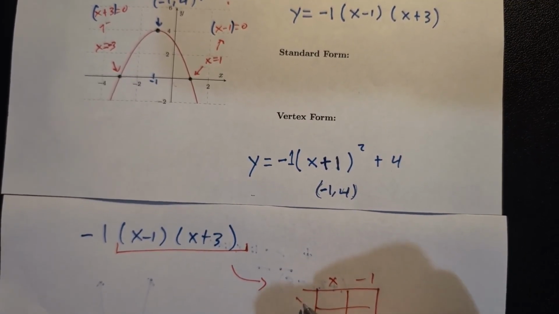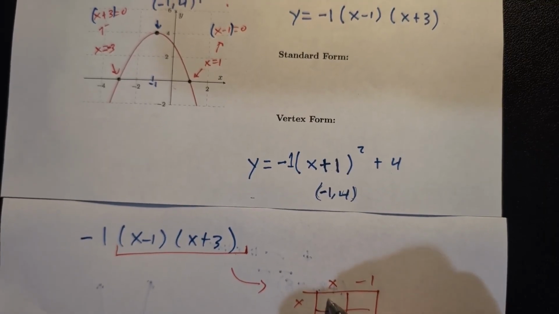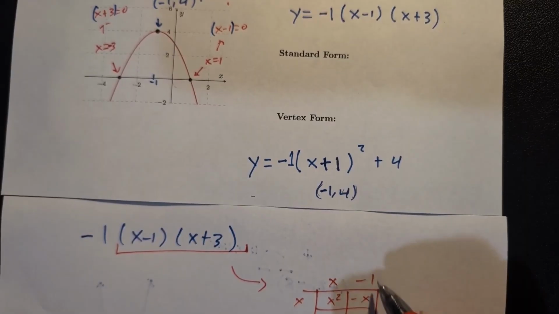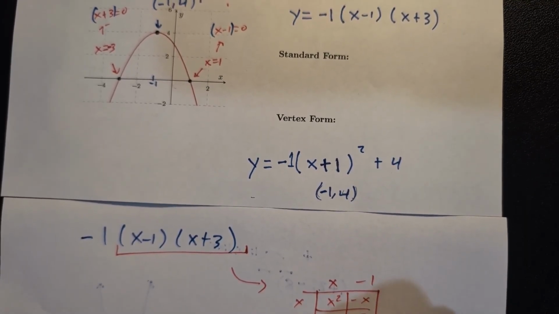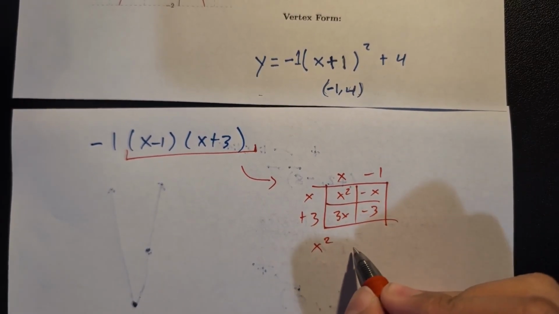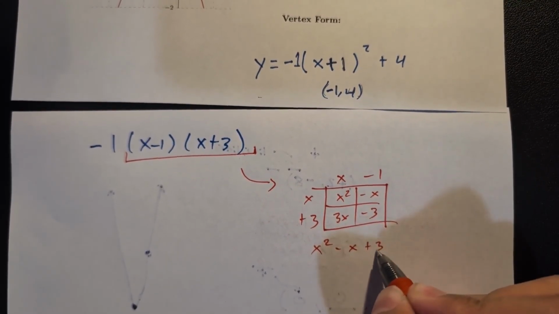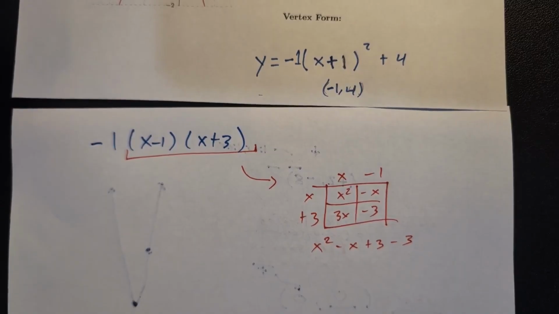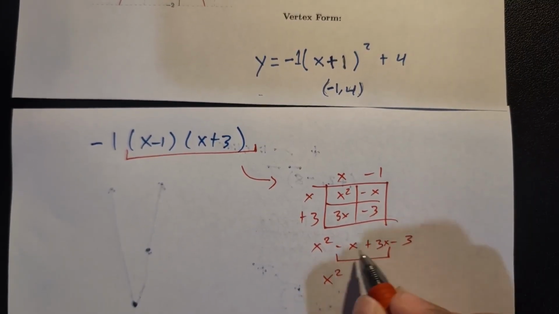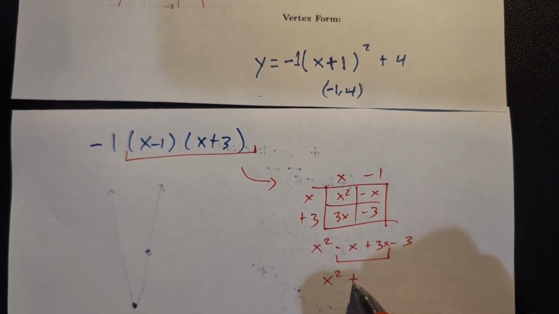x minus 1, x plus 3: x squared, minus x, 3x, and then -3. So x squared, okay, I'm out of frame again. I have x squared minus x plus 3x minus 3. Forgetting the x there. Combine the like terms. I get x squared plus 2x minus 3.